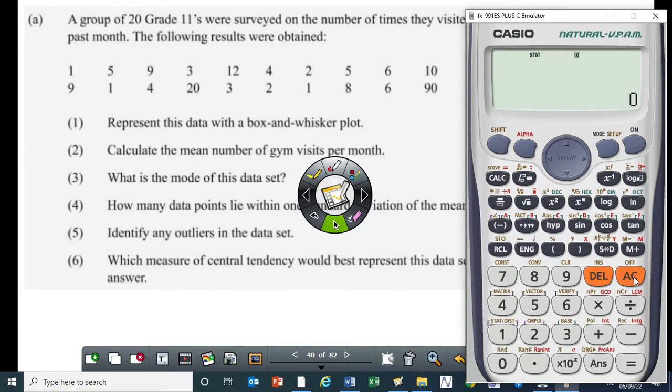Then you press AC as always. Now I'm going to retrieve Q1 and Q3, because I need those two if I want to determine whether there's a value in there which is an outlier or not. So go to shift, then 1, then you go to number 6, then I just need Q1 and Q3.